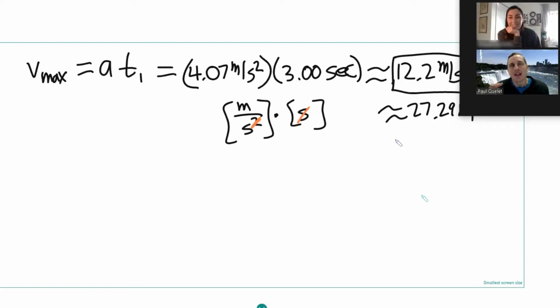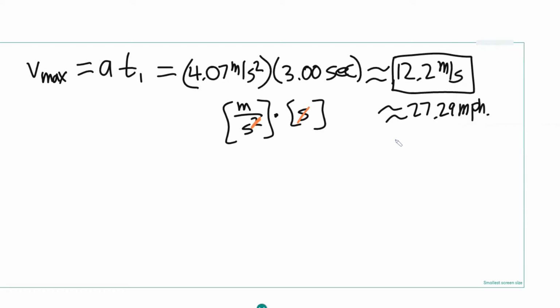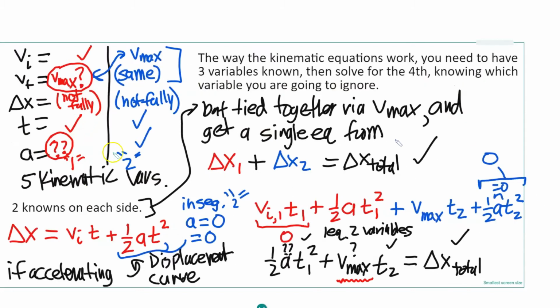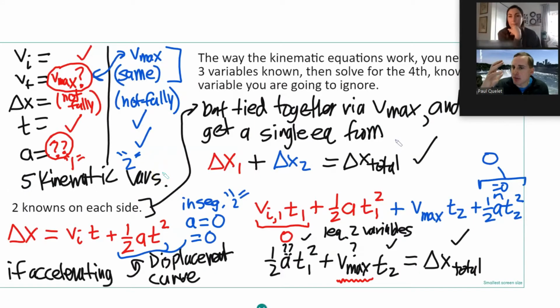Second thing I'll say is part of the reason this is a multi-step problem is because you had to tie one list of kinematic equations to another one. What's in red and what's in blue, those are tied together. And that typically means the problem is a little harder.